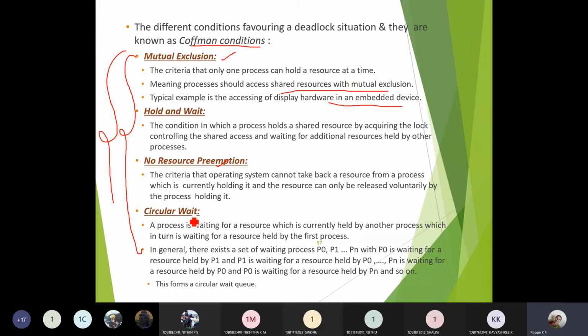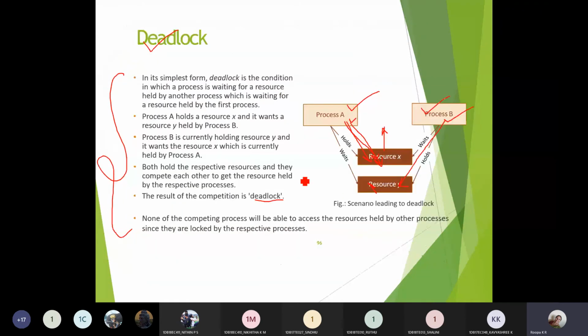Circular wait means a particular process is waiting for a resource which is currently held by another process. Suppose this is the resource it is utilizing; meanwhile the other has completed using its resource and is waiting for this resource to be released. Here I am explaining only with respect to process A and process B. Suppose I have a process C; it will have one more resource, and the waiting will apply to that resource as well.